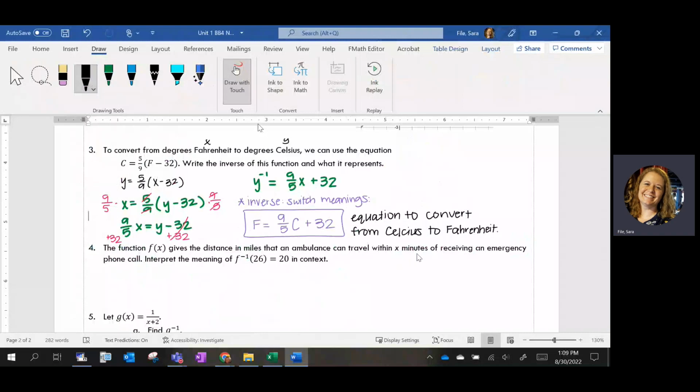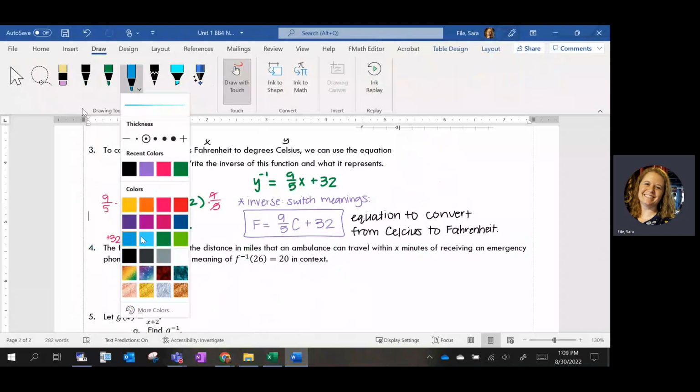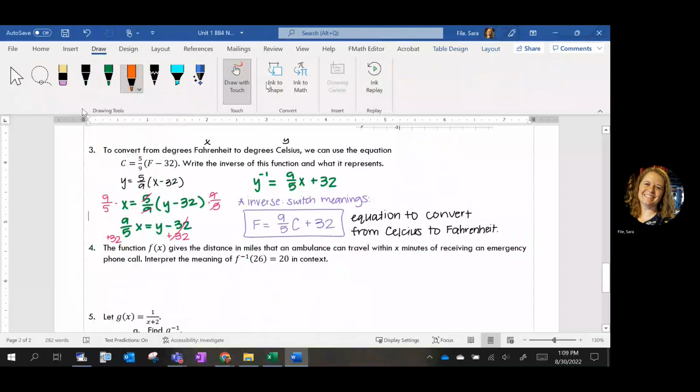Now, when I said there's multiple ways to think of this, because sometimes that can be confusing, people forget that the meanings also are inverted. The alternate is, instead of switching x and y and solving and switching the meanings, you could just solve the equation for the other variable.